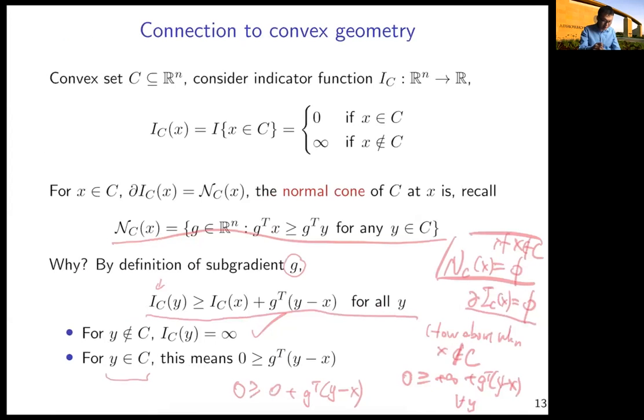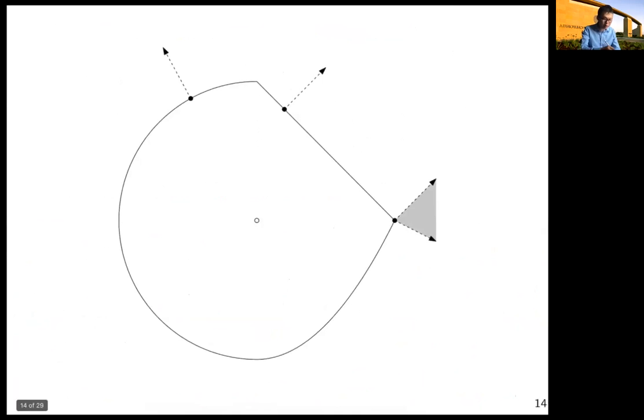What this is saying is that for the indicator function on this convex set, whenever you are inside this convex set, the subdifferential is actually just zero.